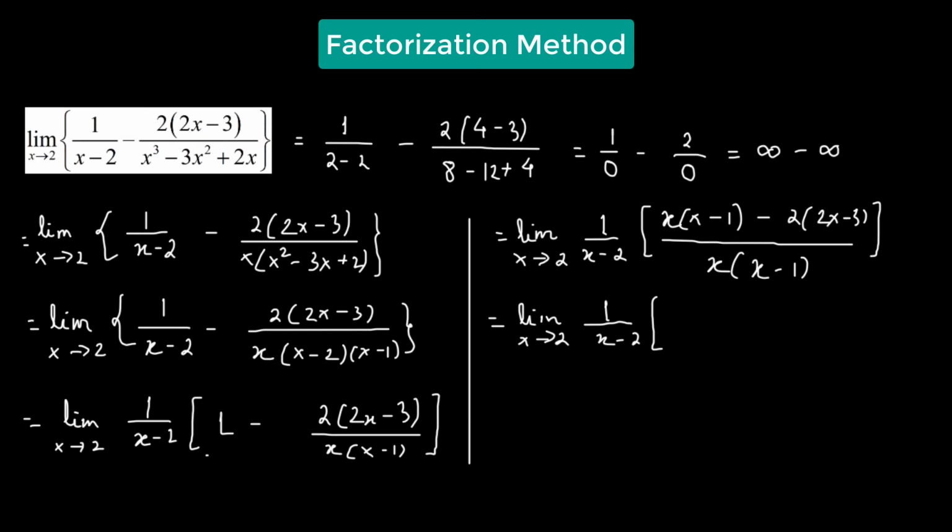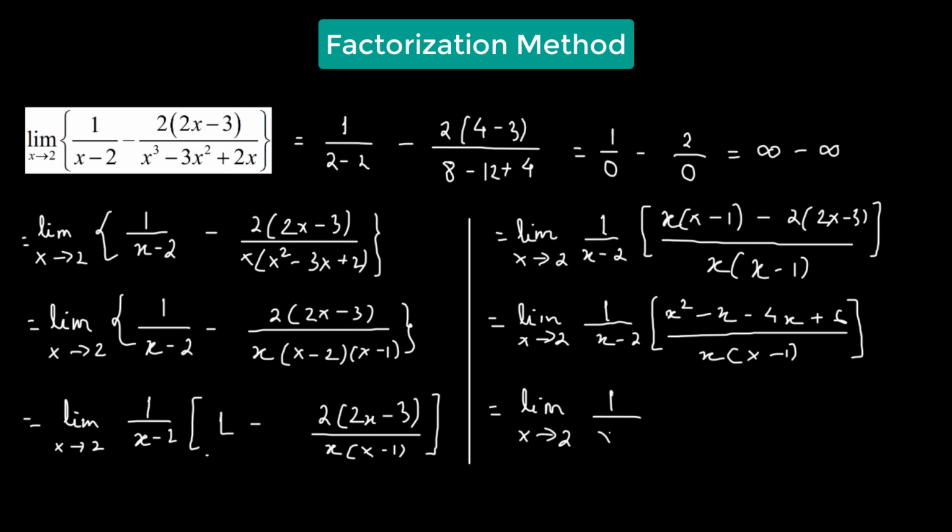Now we distribute x with x minus 1, so that will be x squared minus x minus 4x plus 6 divided by x times x minus 1, which will be equal to limit x going to 2, 1 over x minus 2 times x squared minus 5x plus 6 divided by x times x minus 1.